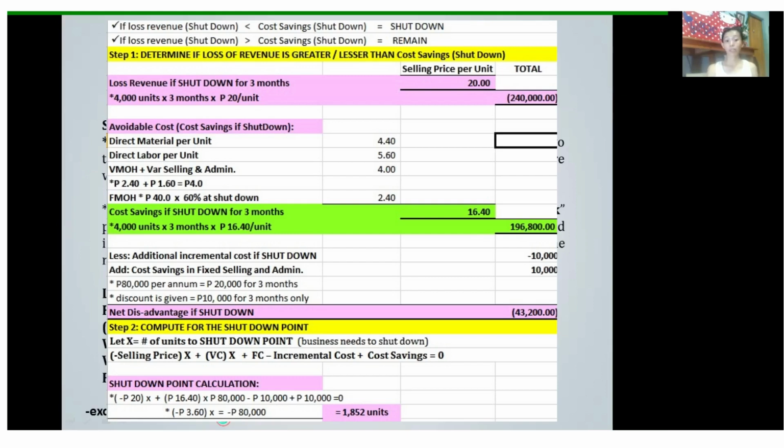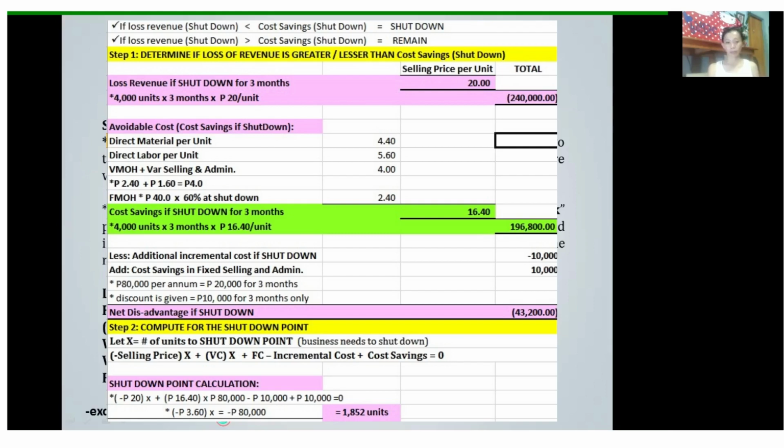So direct material is 4.4 plus direct labor per unit 5.6 plus variable manufacturing overhead, plus the variable selling and administrative, which is 2.4 plus 1.4, so variable is 4 pesos, and then the fixed manufacturing overhead, which is 40 pesos, times 60% at shutdown point.